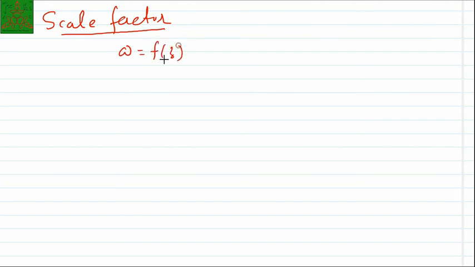Now the next concept that we need to discuss is the scaling factor. What we have discussed is that the function w equals f of z is an angle preserving map, a conformal map at the point z0. Suppose we are considering a function which is conformal at the point z0. That means its orientation is the same, but the function may behave with some scaling. So what is the quantity on which the scaling depends?